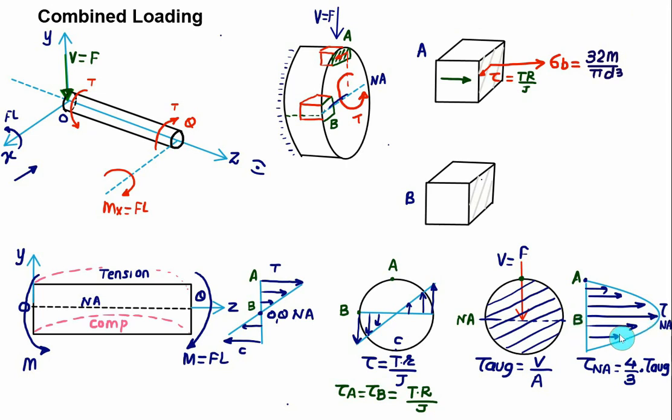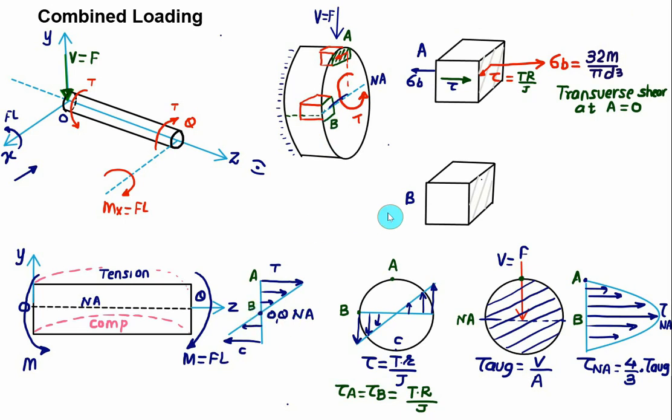So there is no contribution of shear stress due to the shear force V. The transverse shear at point A will be equal to 0, so that contribution will not be shown. You have to show the complementary shear due to torsion here. This value will be the same as tau, and the same you have to show on the other side. One arrow of sigma B you have to show on the other side. So this is a balanced state then. Now focus on point B. On point B you have to first show the bending stress, but this is at the neutral axis.